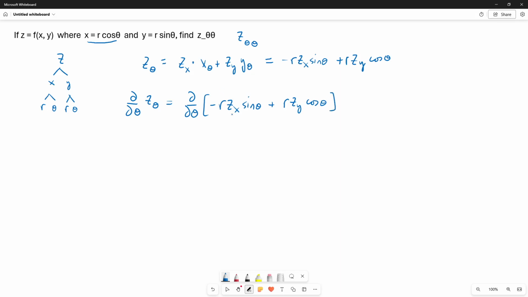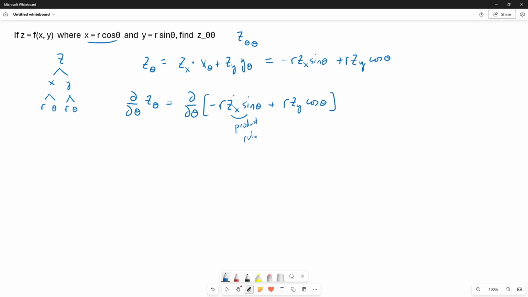Now, z sub x, just like z, is a function of x and y. So z sub x and z sub y both have this same variable tree. So z sub x is a function of theta indirectly, and sine theta is also obviously a function of theta, and therefore we're going to have to use the product rule here.